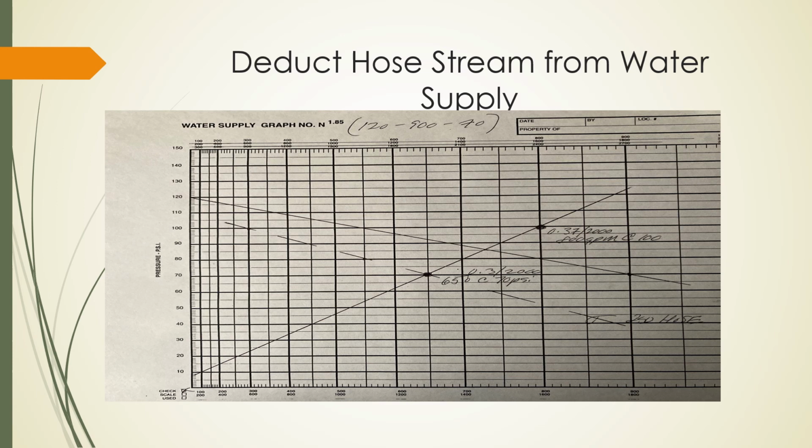And as you can see, now, of course, the 0.37 is deficient by a significant amount, and the demand and residual for the 0.3 over 2,000 sits right on the new water supply with the outside hose in place. The sprinkler system would still be adequate.